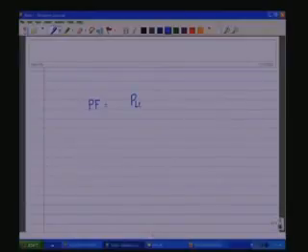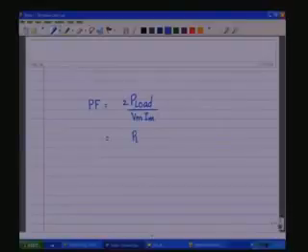Now, for a sine wave, you can cross check and see that the power factor is P load, that is given to the load, by Vm Im by 2, or P load by V effective I effective.